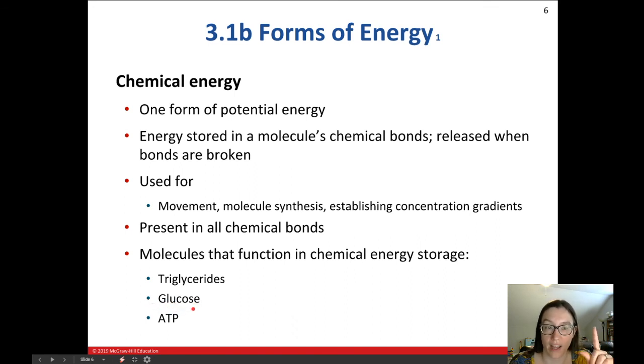Glucose can be stored in the body as glycogen, usually in the liver and the skeletal muscle. And then ATP, right? ATP, we said, is that modified nucleotide that's the energy currency of the cell. And it has those really high energy phosphate bonds at the end that when they're broken, they release a lot of energy. So all of these are going to be important in our energy storage.